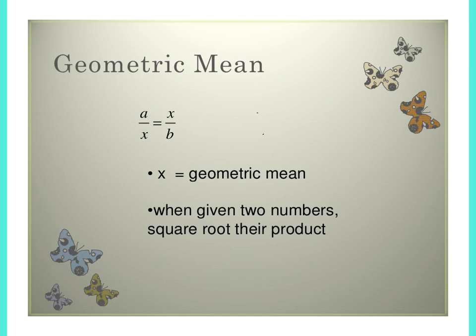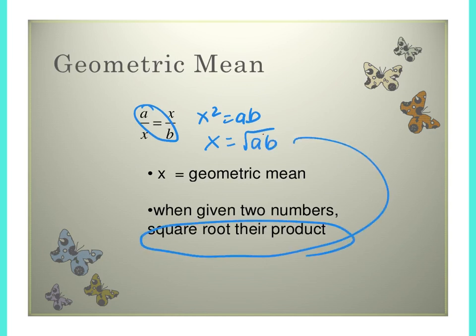If I had two numbers, A and B, and I wanted to find the geometric mean, I could set it up as a proportion, cross multiply, and then square root, or I can just jump directly to it. We're going to square root the product. So if you have two numbers, then the geometric mean is the square root of their product.